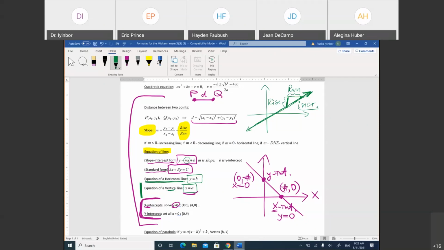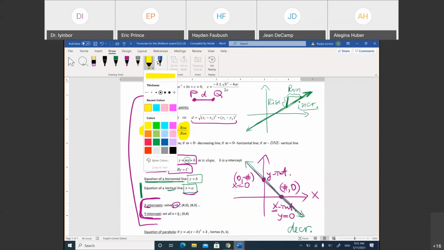Now, if I look at this line over here, this straight line, left to right it's going to go down, right? So this is the example of a decreasing line, okay? This is how increasing and decreasing look.